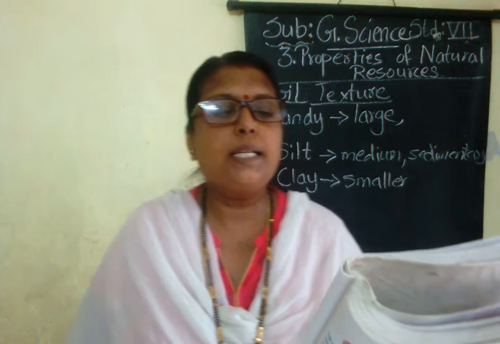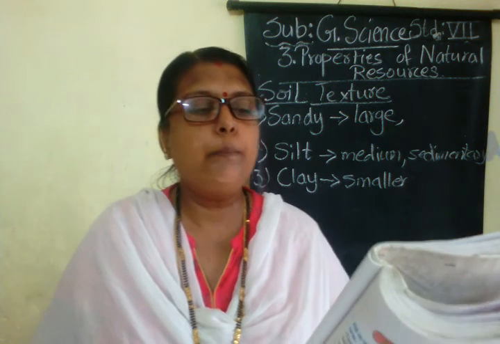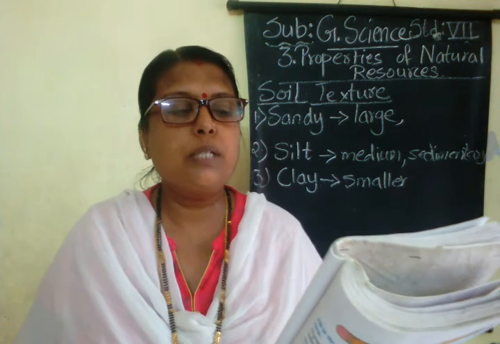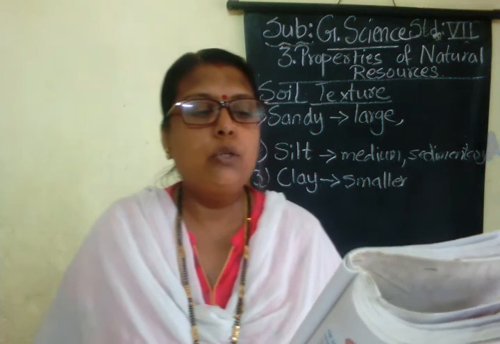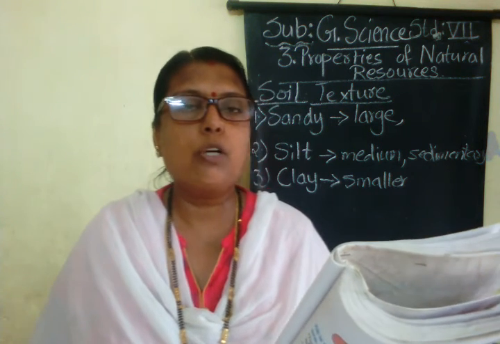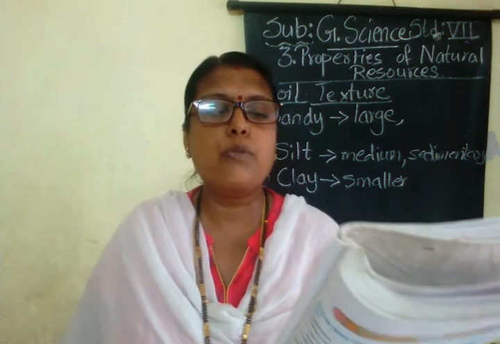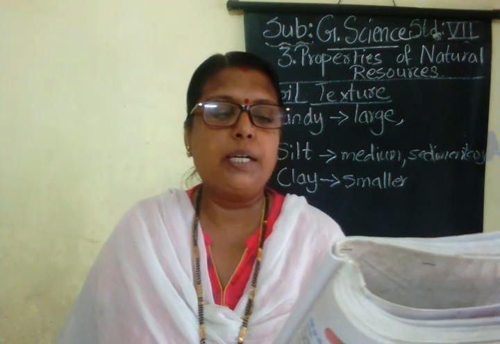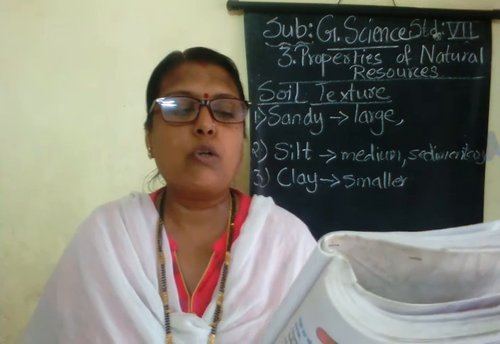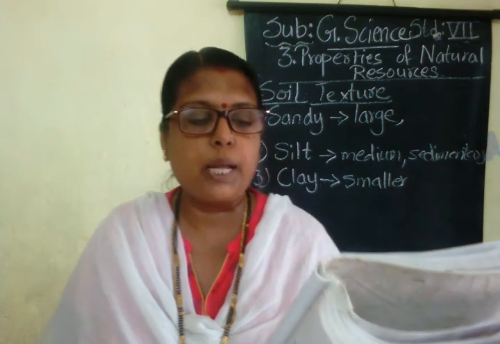Then the Danish scientist Sorensen put forth the concept of pH, which is based on the concentration of hydrogen ions. To determine the pH of soil, a mixture of water and soil is taken in the proportion 1:2 and tested with several indicators. Accordingly, soil may be found to be of the following three types.